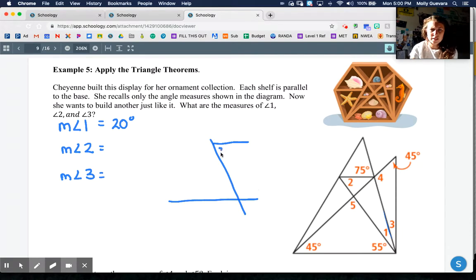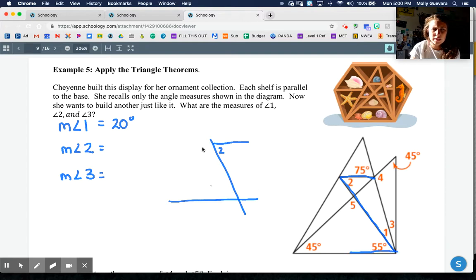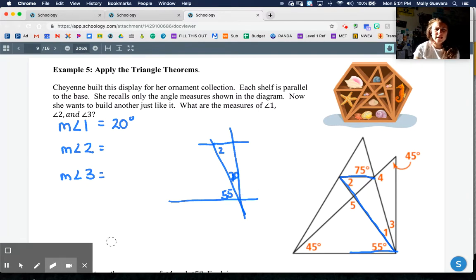And then angle 2 is created with this line that's coming through. And I know that this is angle 2. So all I did, let's get rid of that too. All I did was draw this. Oh, and things I'm missing, you can connect that. This is 55. This is 20. If I draw this line, which doesn't really help, but that's okay. So this is 20 in here. Okay, and I'm interested in what is angle 2.